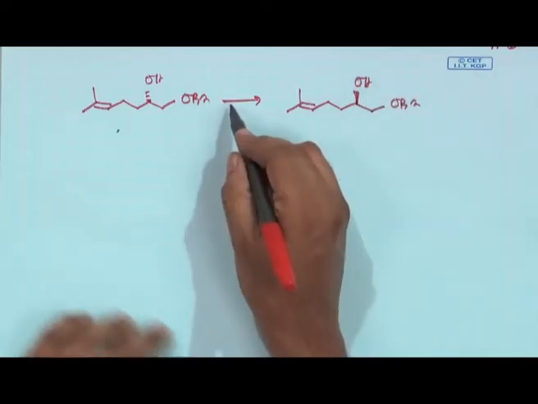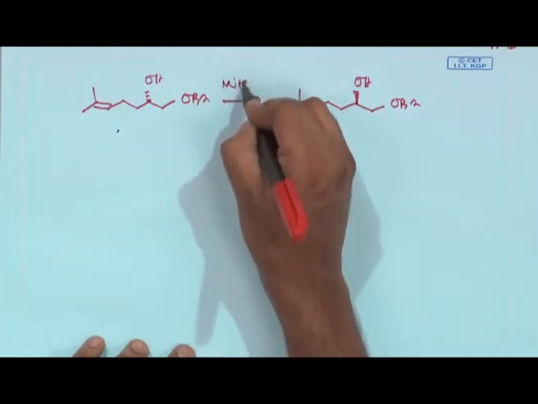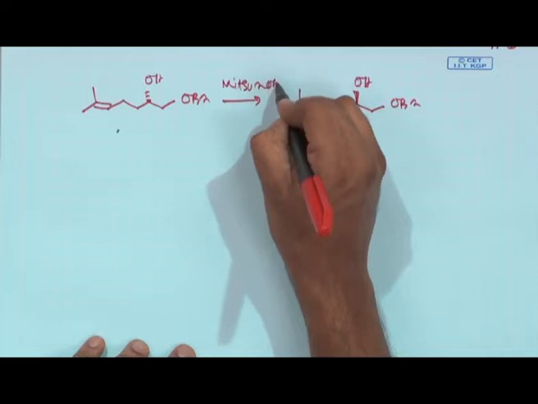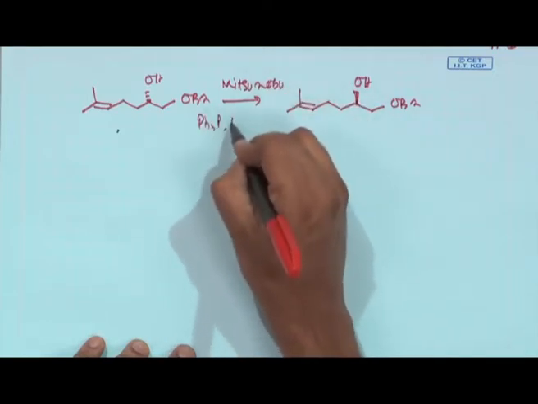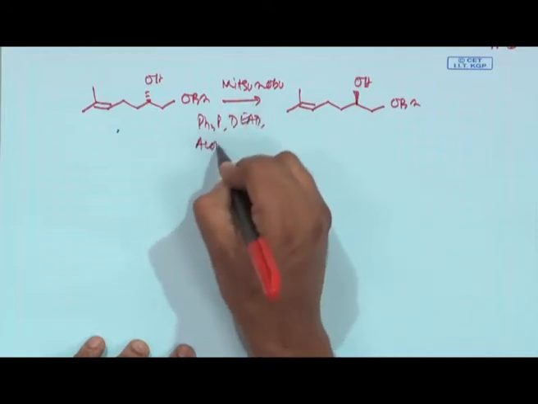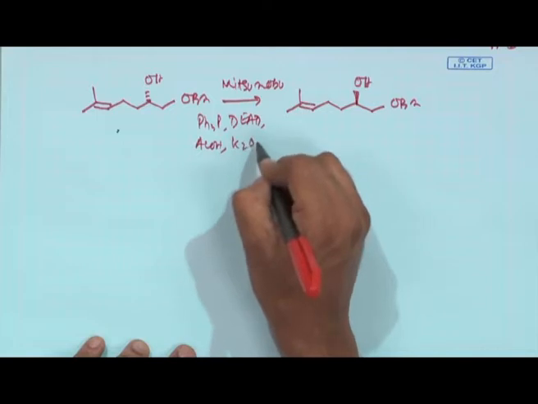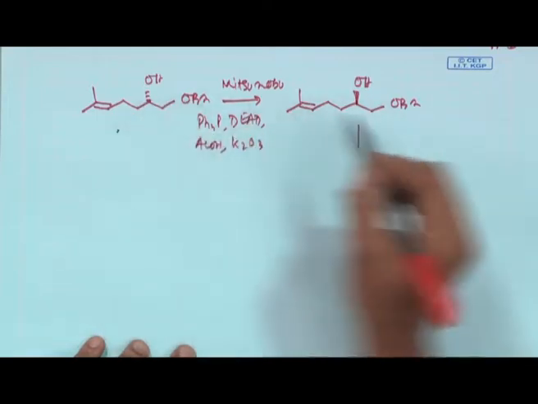The answer is already there, you have discussed it. You can simply do a Mitsunobu inversion. So, take triphenyl phosphine, diethyl azodicarboxylate, acetic acid, followed by potassium carbonate, and that will give you the inverted product.